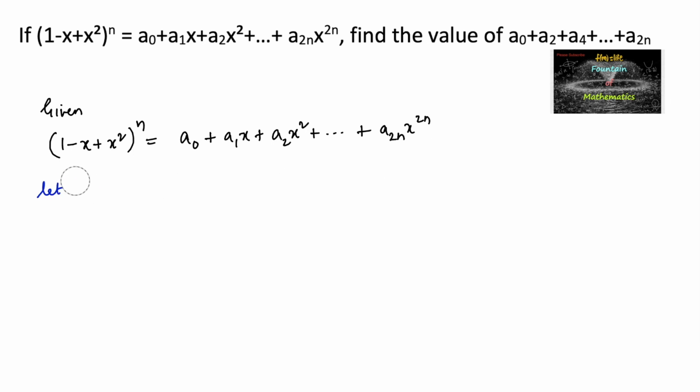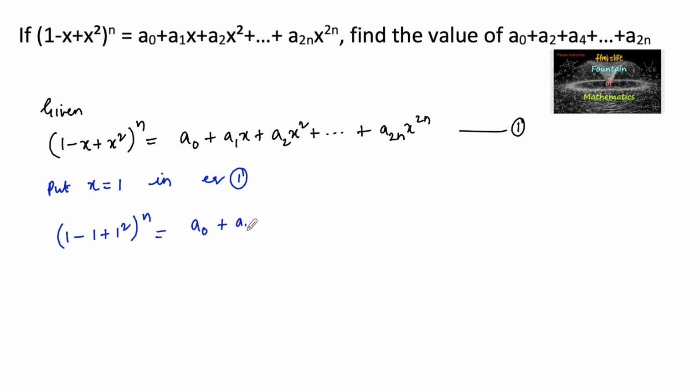or we can just substitute, make this equation 1, put x equal to 1 in equation 1. So we get (1 - 1 + 1^2)^n is equal to a0 + a1 into 1 + a2 into 1^2 and so on up to a2n into 1^2n.